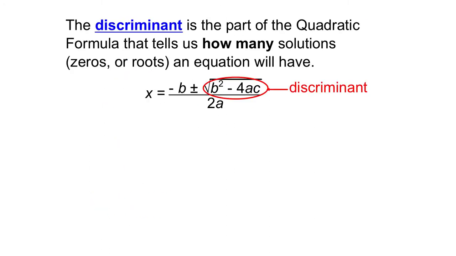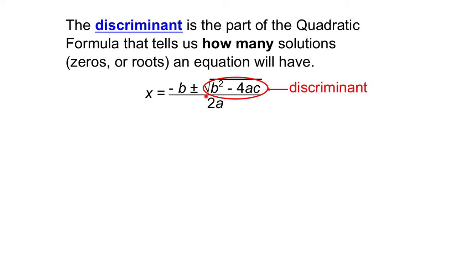Now, the last thing I want to show you is this idea of the discriminant. So when I say discriminant, I'm talking about this part of the quadratic formula, the part that's inside the square root sign, the b squared minus 4ac. Remember, when I'm calculating x, I have to add or subtract this square root of the discriminant.